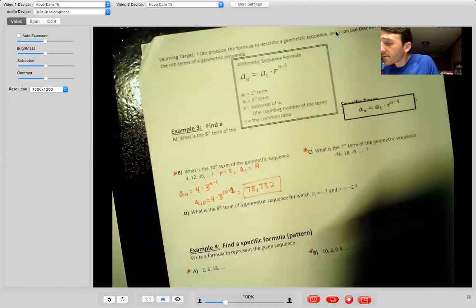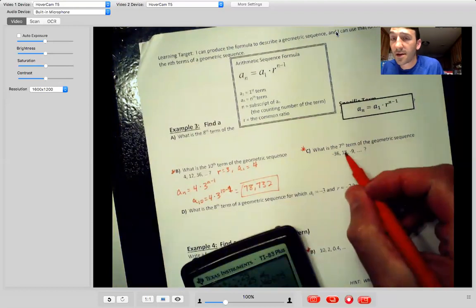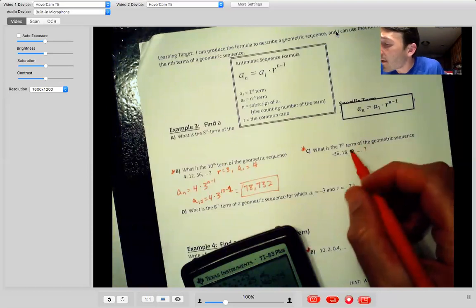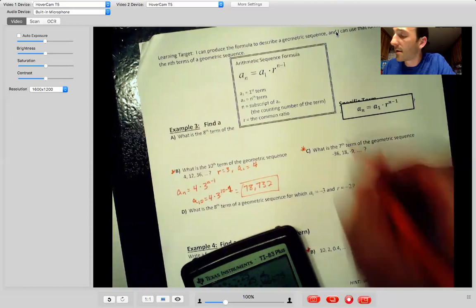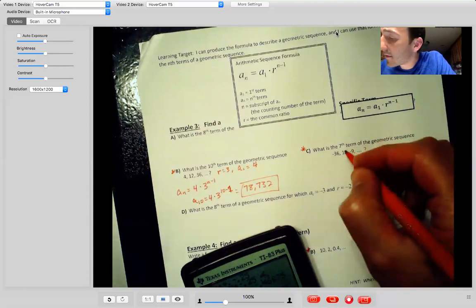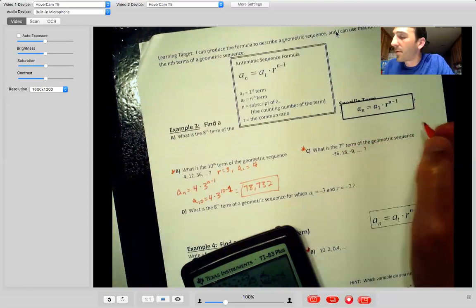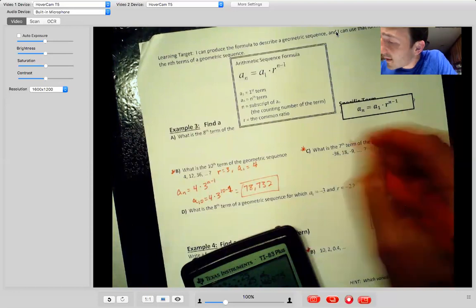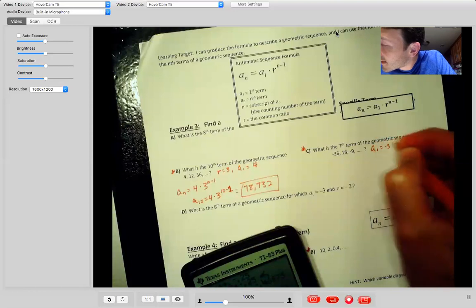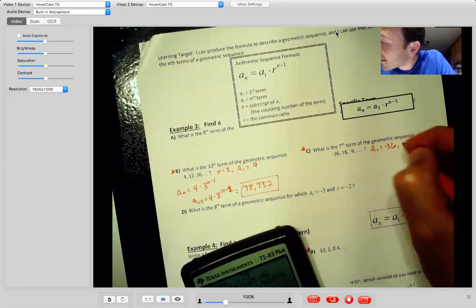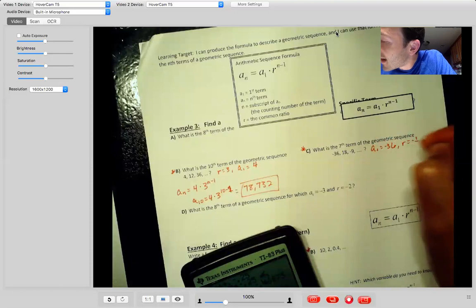Next one, we can tell that r is negative. We have that alternating positive negative pattern. So r in this case is going to be, what's 18 over 36? That'd be 0.5 or 1/2. So anyways, a sub 1 is negative 36 and r is negative 1/2.